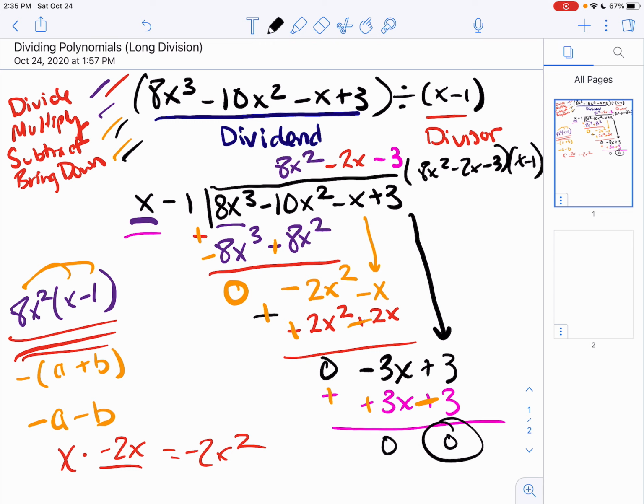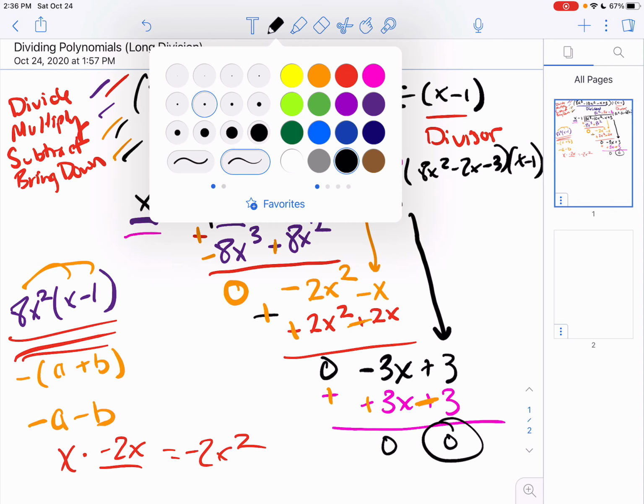There is no remainder, and thus, 8x squared minus 2x minus 3 is a factor. x minus 1 is a factor. They are both factors of the original dividend, 8x to the third minus 10x squared minus x plus 3, divided by x minus 1. The polynomial 8x squared minus 2x minus 3 is called the quotient. This is the quotient.